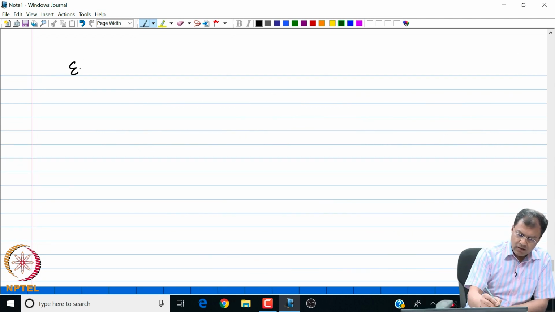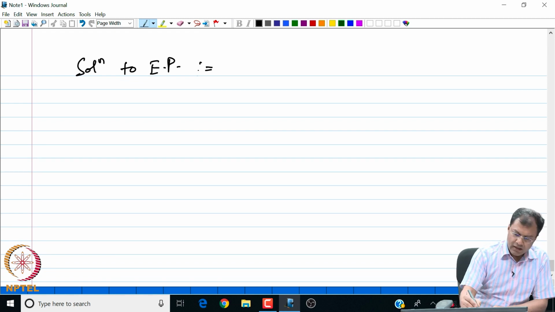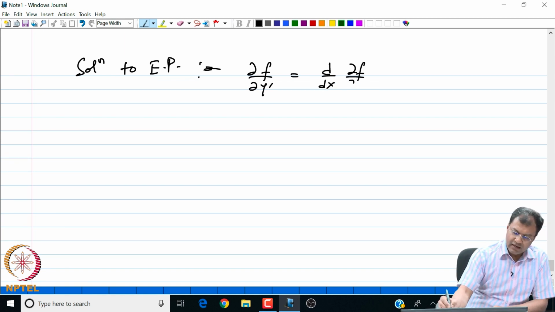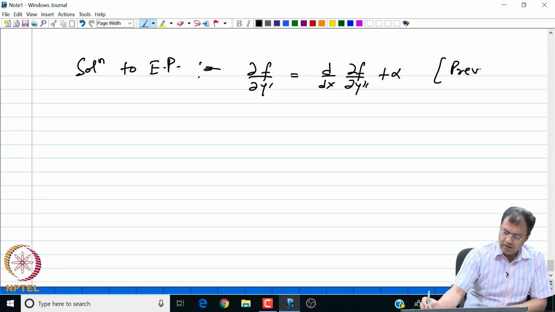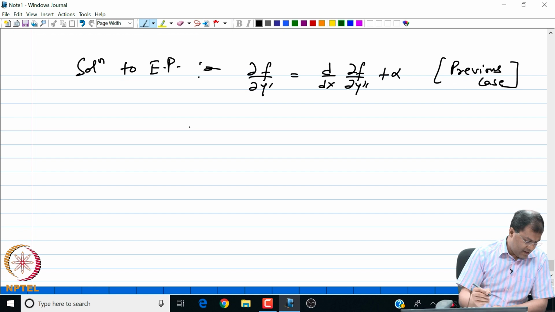The solution to my Euler-Poisson equation from our previous example is directly found to be partial f partial y prime equal to d dx of partial f partial y double prime plus alpha, from our previous case. And finally, note that this is equal to 0 at x equal to x1.